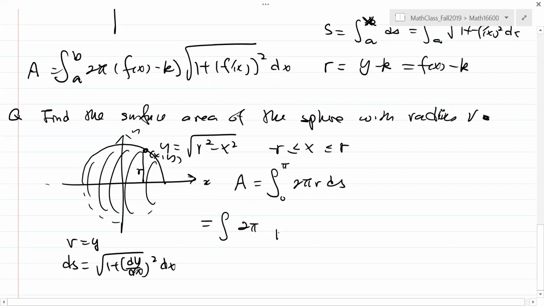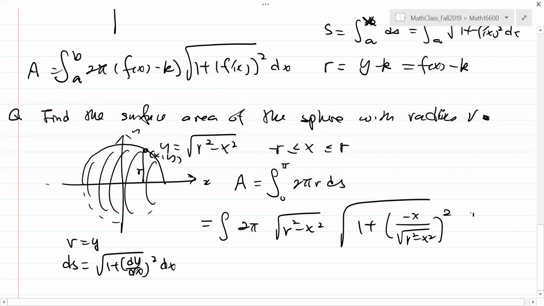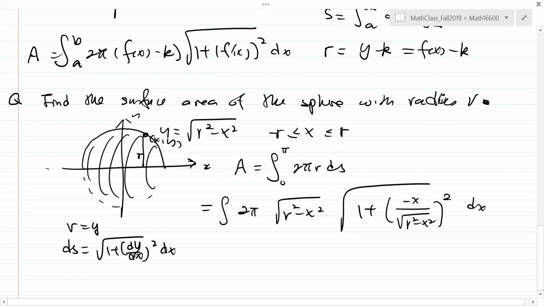So y is going to be the square root of r squared minus x squared. And the derivative of y with respect to x is going to be negative x over the square root of r squared minus x squared, because that's the derivative. And x is from negative r to positive r.